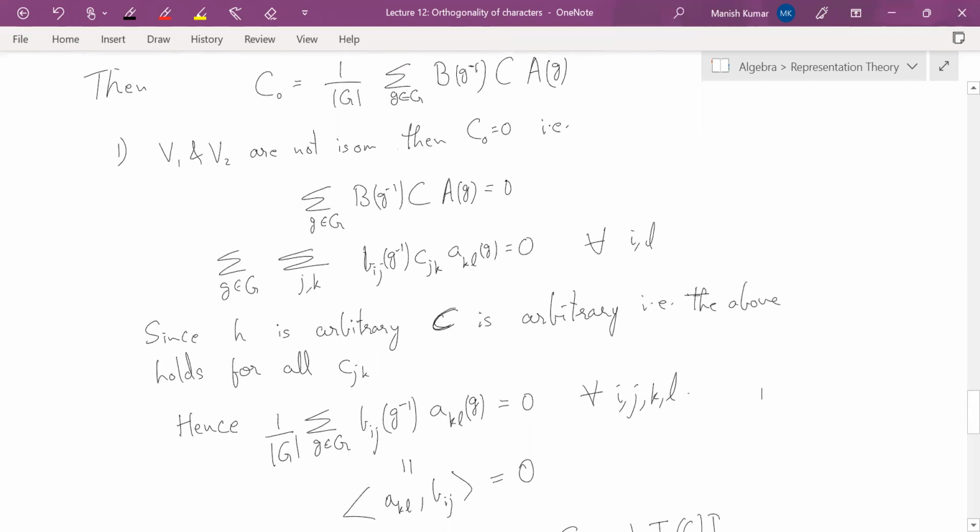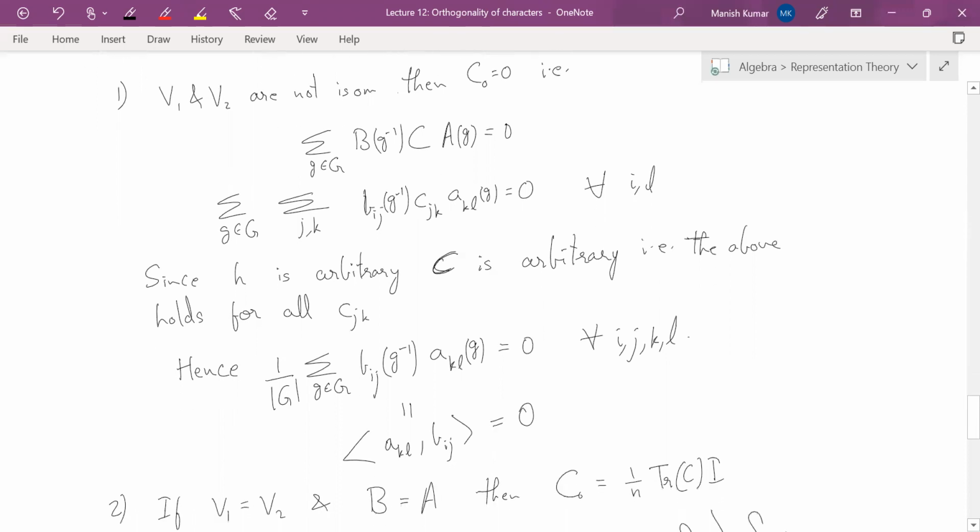If it holds for arbitrary Cjk, that means if you collect the coefficients of Cjk in this left-hand sum, then that coefficient must be zero. Otherwise, if that coefficient is non-zero, then for some Cjk it will not be zero. And what is the coefficient of a particular Cjk?